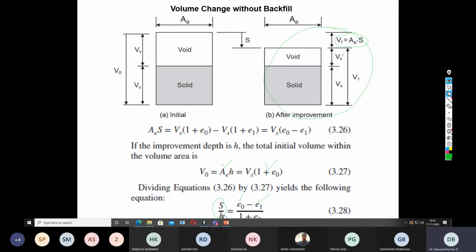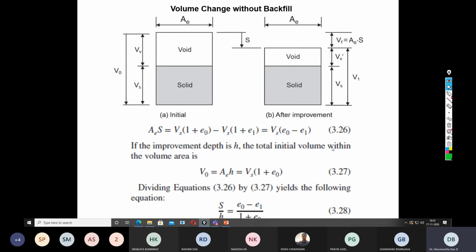I know the depth of the improvement. Therefore, I can calculate the probable settlement at the ground surface. These are simple analytical expressions derived based on the change in the void ratio. So this is without backfill.